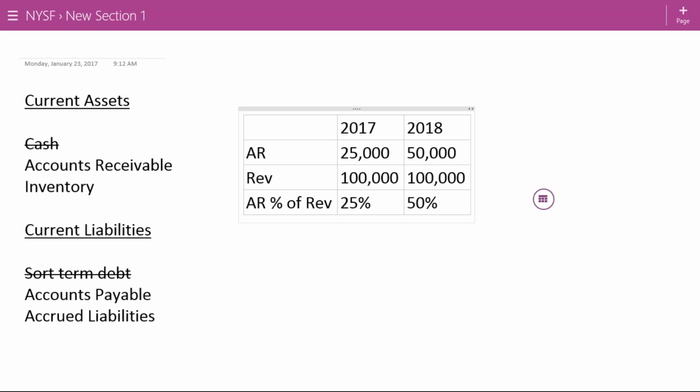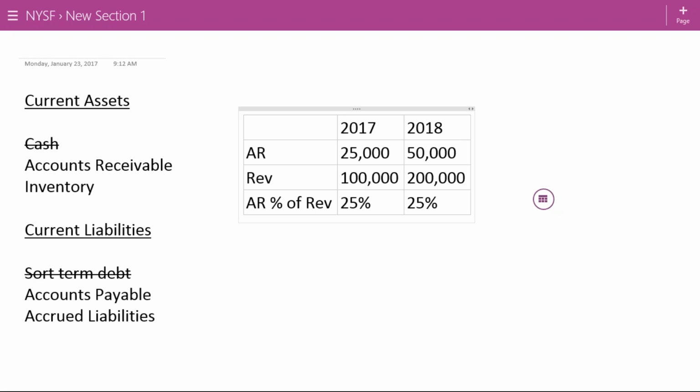However, if my revenue had doubled to $200,000, meaning my AR percent of revenue held at 25%, then that increase in AR might not be a bad thing, because it's basically saying that my AR increased, but it's increasing in line with the standard revenue growth of my business.